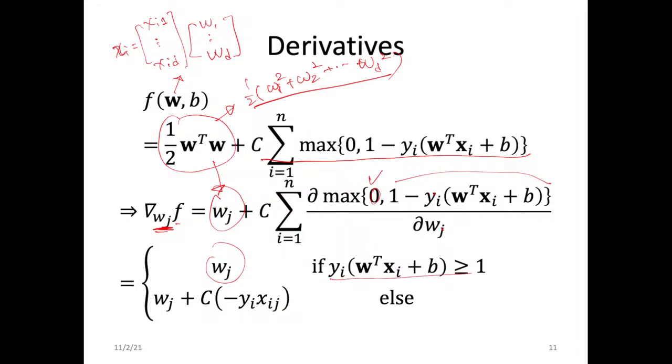So that means yi multiplied by w transpose xi plus b is larger or equal to 1. If this one is larger, that means this instance xi yi is incorrectly predicted. So we take the partial derivative of this part to wj, that would end up giving us only this part. So if a certain instance is incorrectly predicted, then this is how we update the wj.